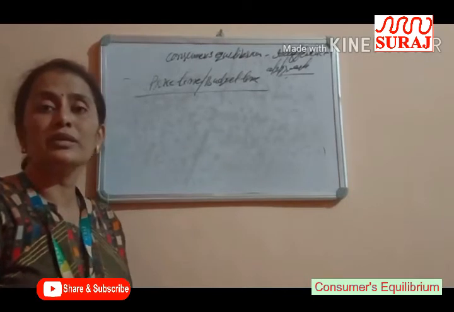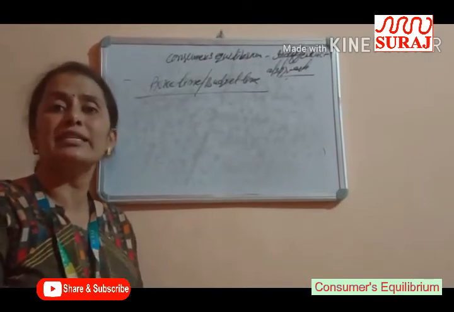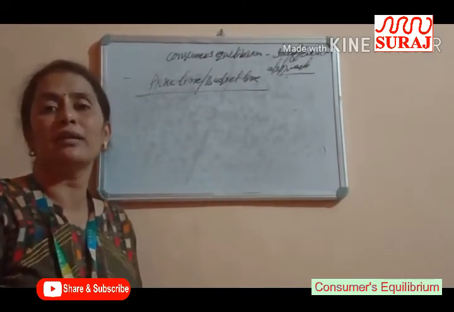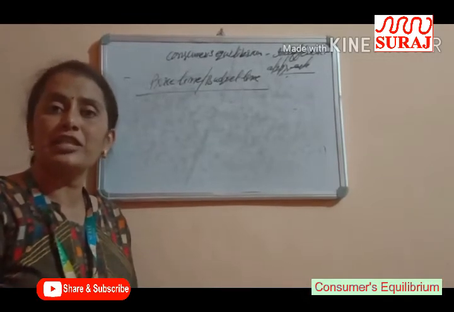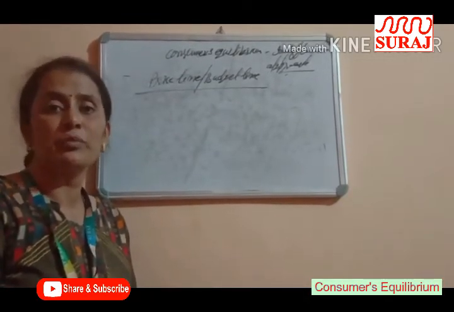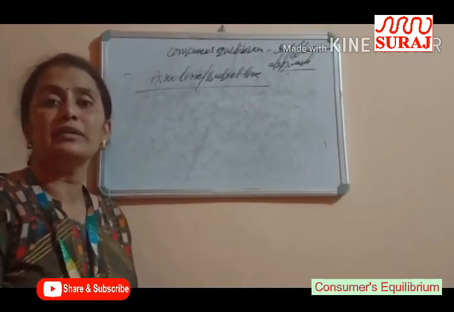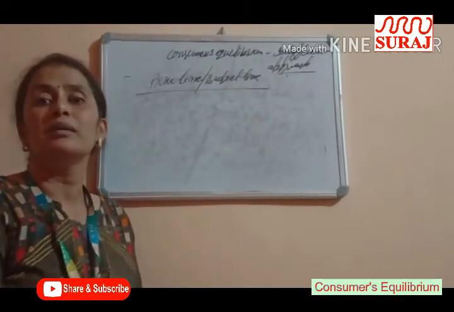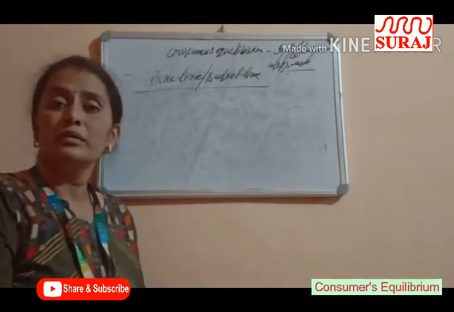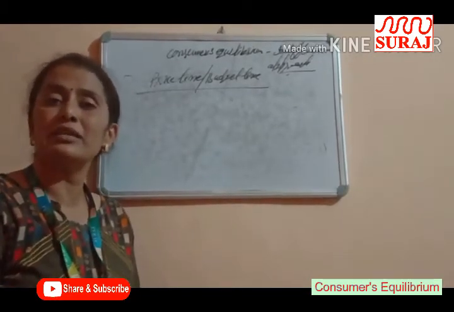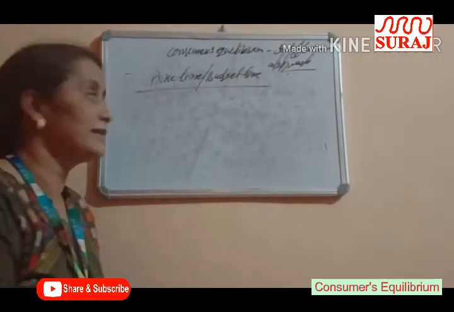Why? Because the budget of the household sector depends on the price level of the commodities. It means when the income of the consumers increases, but prices increase more than the income, then there is no impact on the budget of the consumers. So the budget line is also called the price line.